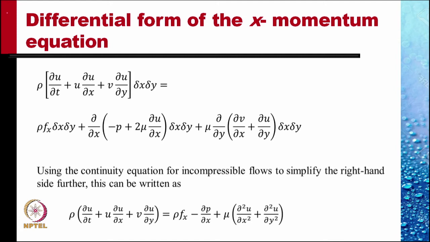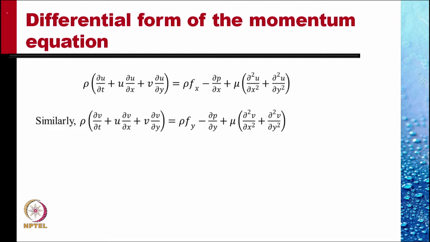We can similarly obtain the equation in the y direction, and the only difference would be that u would be replaced by v, and fx, the body force in the x direction, would be replaced by fy, del p by del x by del p by del y.